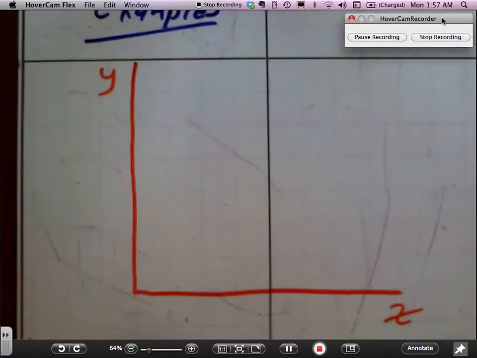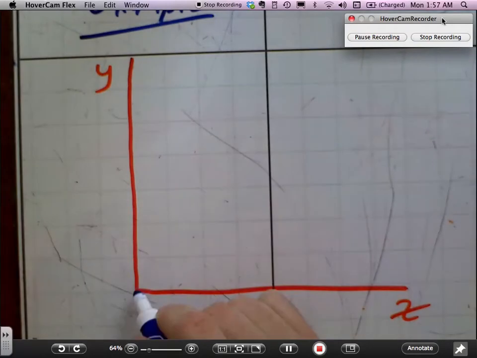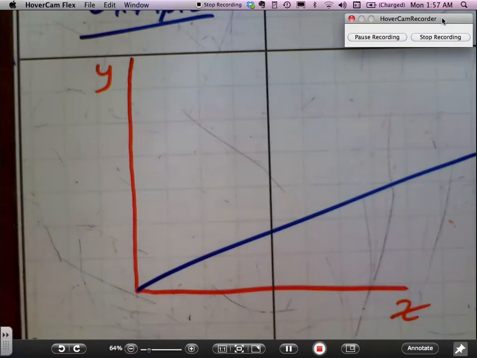Let's just do a couple of quick examples of direct variation and things that would not be direct variation. If I graph it, this would be an example of direct variation. It's a straight line and it goes through the origin.